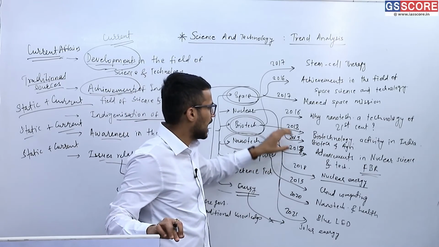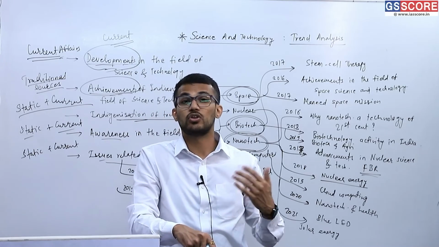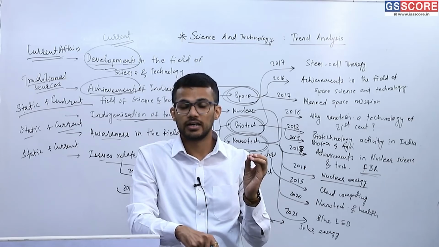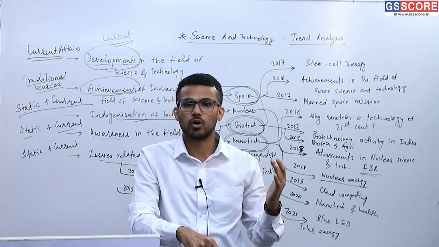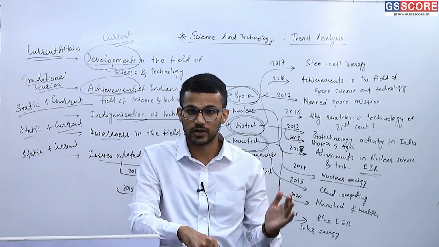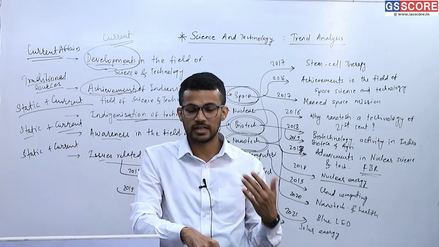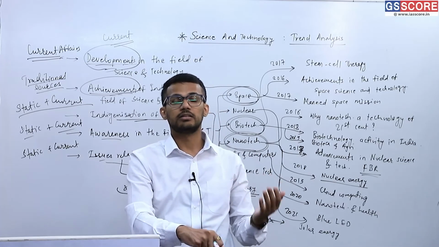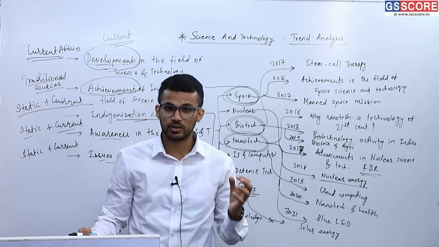Similarly, let's say the question asked on biotechnology and its contribution in the agriculture sector. So we know that biotechnology is used for making, let's say, genetically modified crops, genetically modified animal species, or animal husbandry breeds. Then it is also used for biopesticides, biofertilizers.